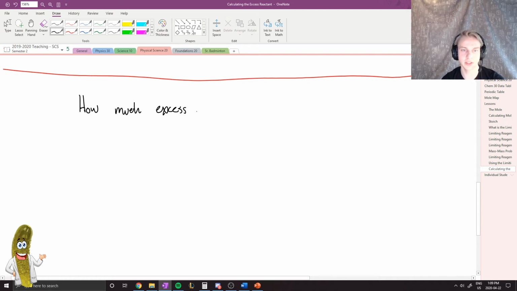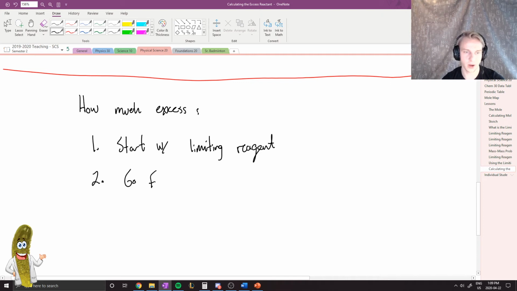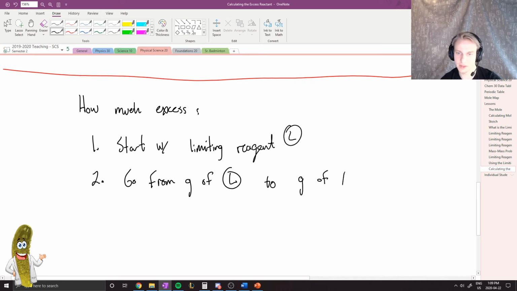We are going to start with the limiting reagent. And then what we're going to do is go from grams of the limiting reagent to grams of the other reactant.